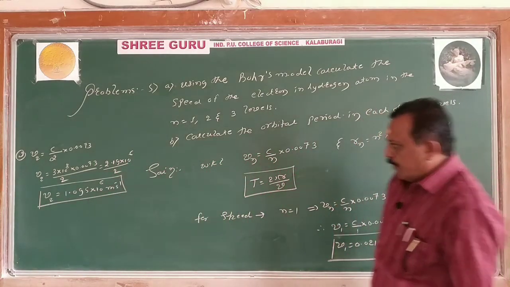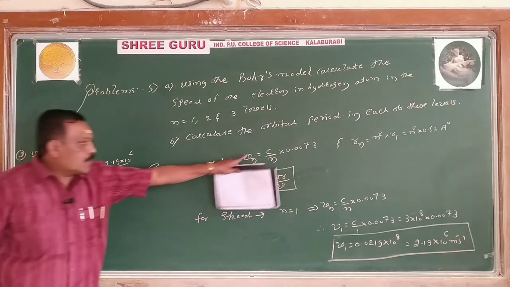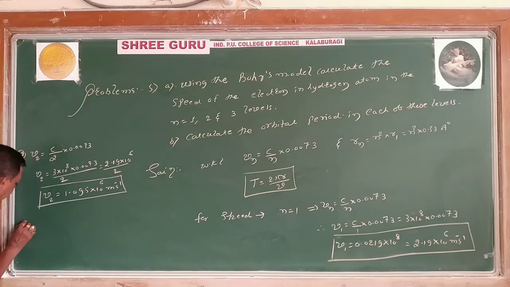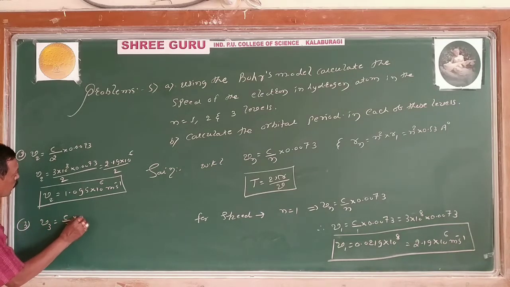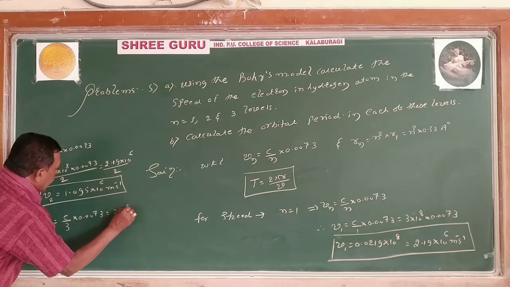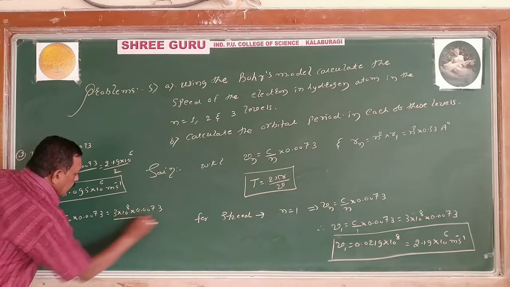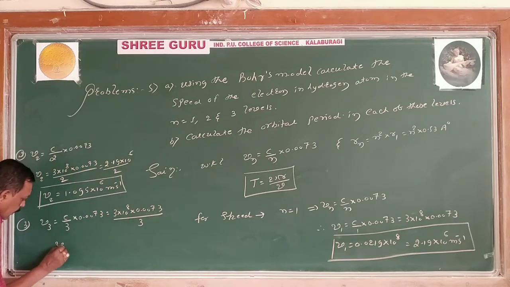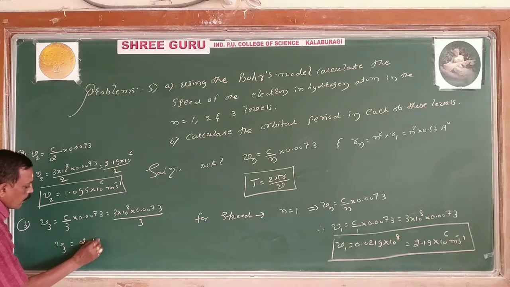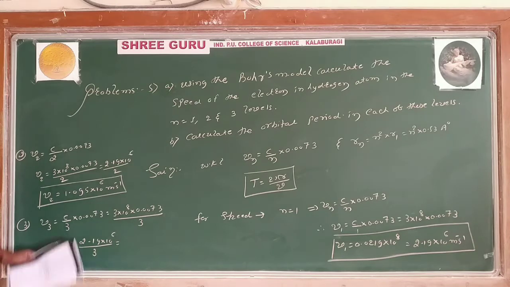Then V3. The equation is already here, c by n. For the third one, V3 equals to c by 3 into 0.0073. This is 3 into 10 to the power of 8 into 0.0073 divided by 3. You know this already: 2.19 into 10 to the power of 6 divided by 3. Then you can easily divide.